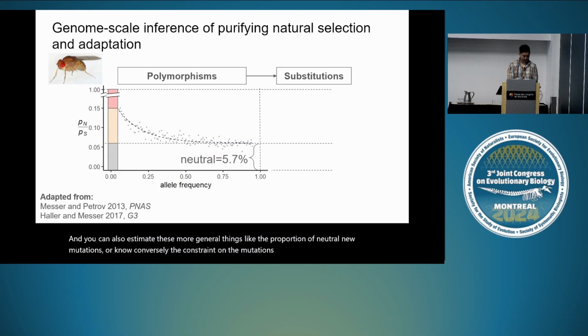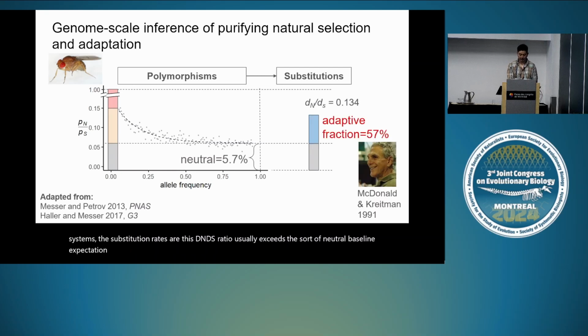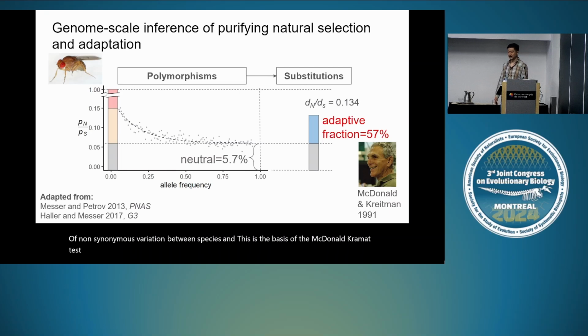And usually in a lot of natural systems, the substitution rate, or this dN/dS ratio, exceeds the neutral baseline expectation, and a lot of that is taken as evidence for adaptive substitutions driving a good fraction of non-synonymous variation between species. This is the basis of the McDonald-Kreitman test and its derivatives.